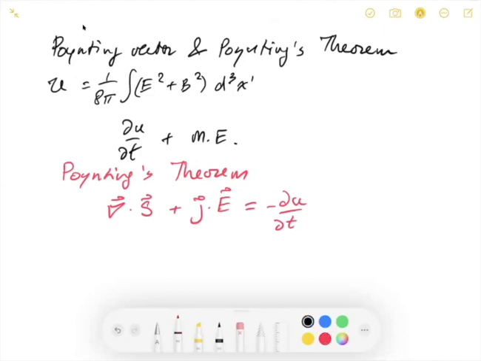Of course, with the Poynting vector, let me put that here.